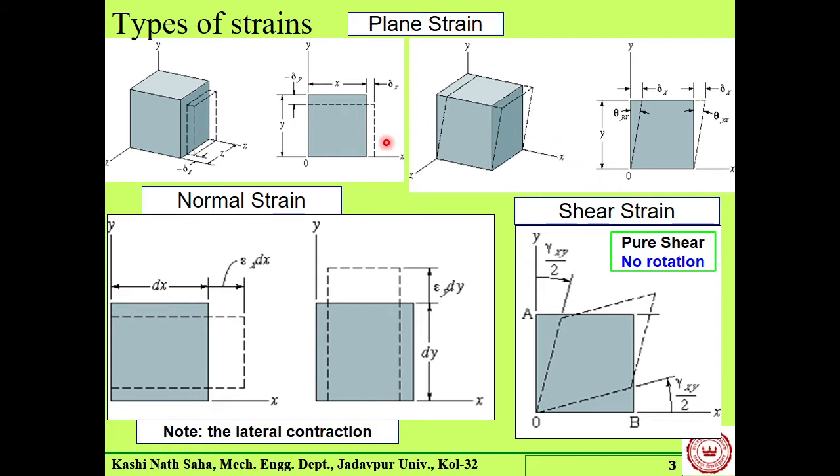So this is a case where we have deformation along x only, and in addition, if we have some deformation along y, then there would be another displacement of this particular point as shown here. This point A has displaced, and this point B will also displace. So we'll again get some angle here, some rotation of this line.